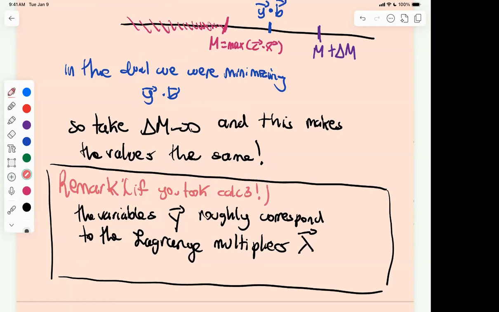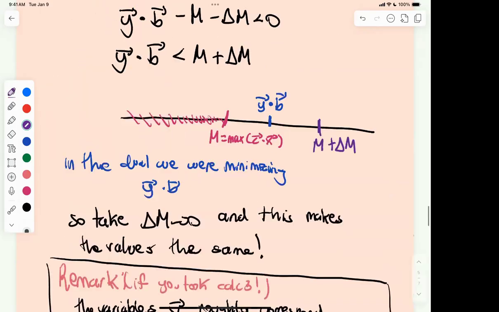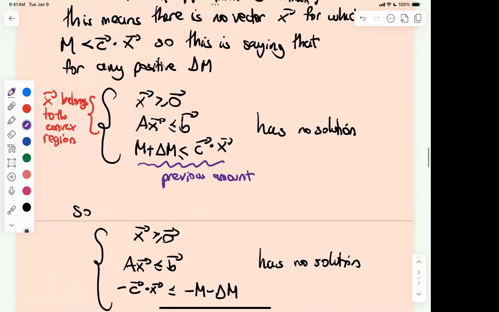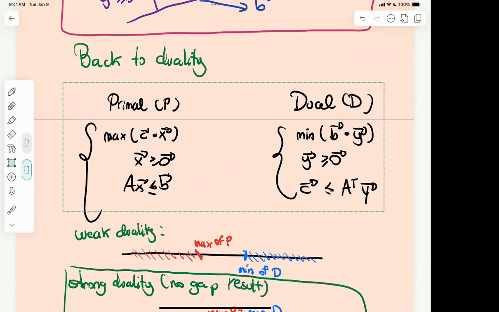Okay, but we still have 30 minutes. So another thing that's useful to talk about first is how to find the dual when you have a system of equations. So until now, let me just copy paste this recipe that we found.